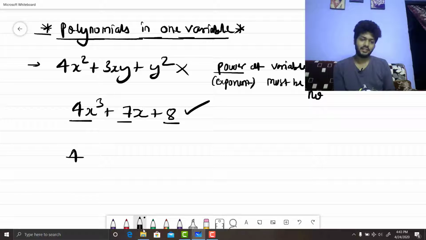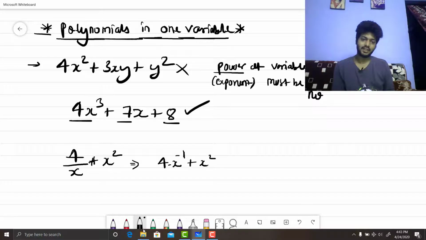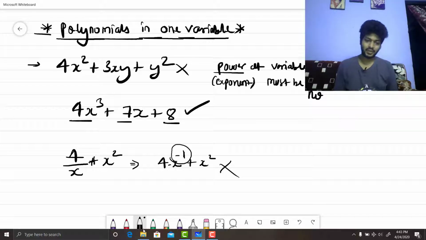If I write 4 upon x plus x square, no doubt it is an algebraic expression in one variable, but it is not a polynomial, and I'll tell you why. If you take this x to the numerator, you will get 4x to the power minus 1 plus x square, and there you get your negative exponent, and negative numbers are not whole numbers. Therefore this is not a polynomial in one variable. Just one last question, I want all of you to answer it.